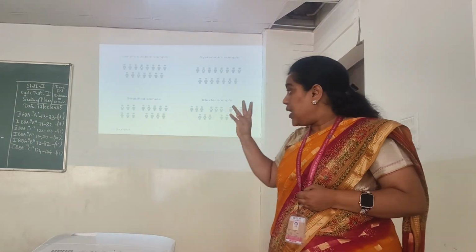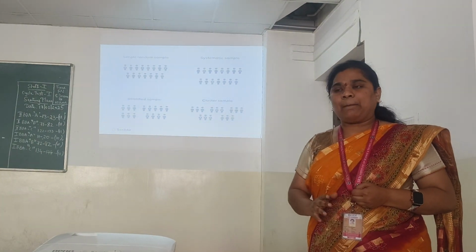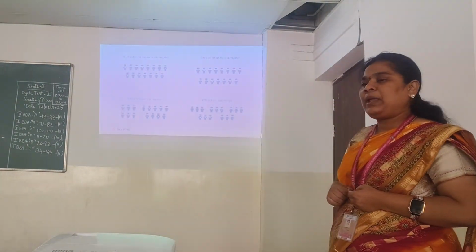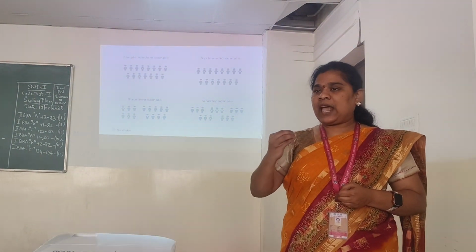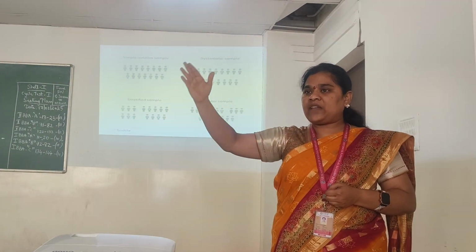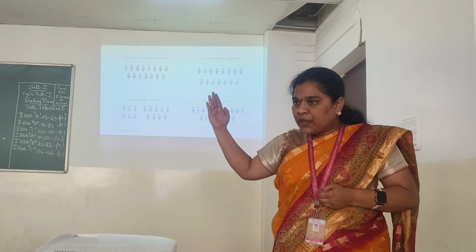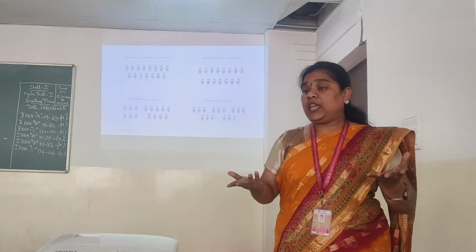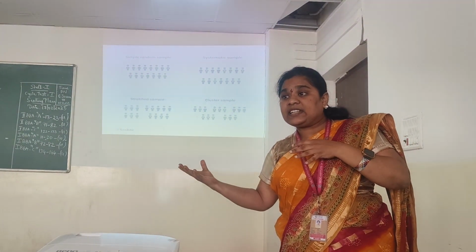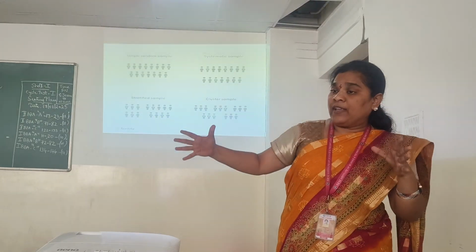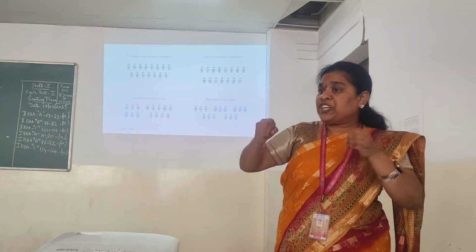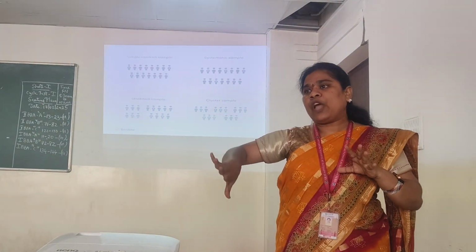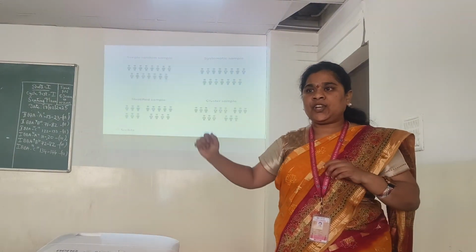And the second one is systematic sampling. Systematic means, for example, odd numbers 1, 3, 5, 7, 9, 11, 13, 15, otherwise even numbers 2, 4, 6, 8, 10, 12, 14. Otherwise skip 5: 5, 10, 15, 20, systematically. For example, you have 60 registration numbers.